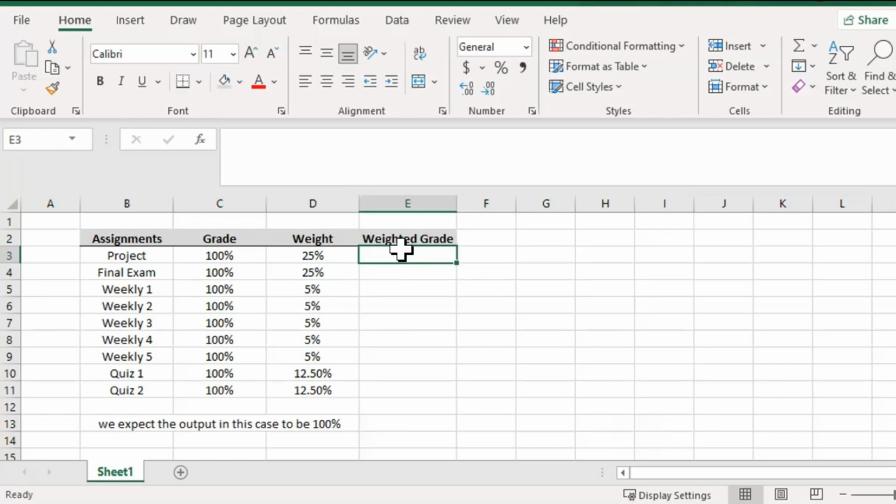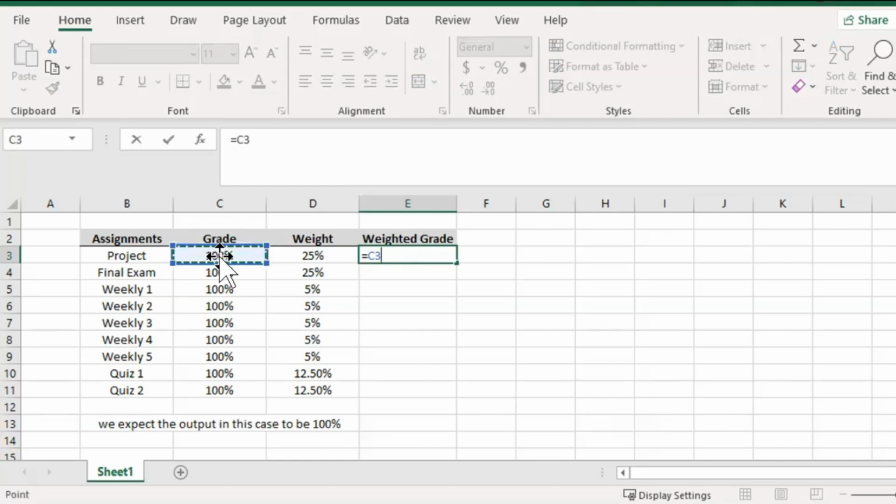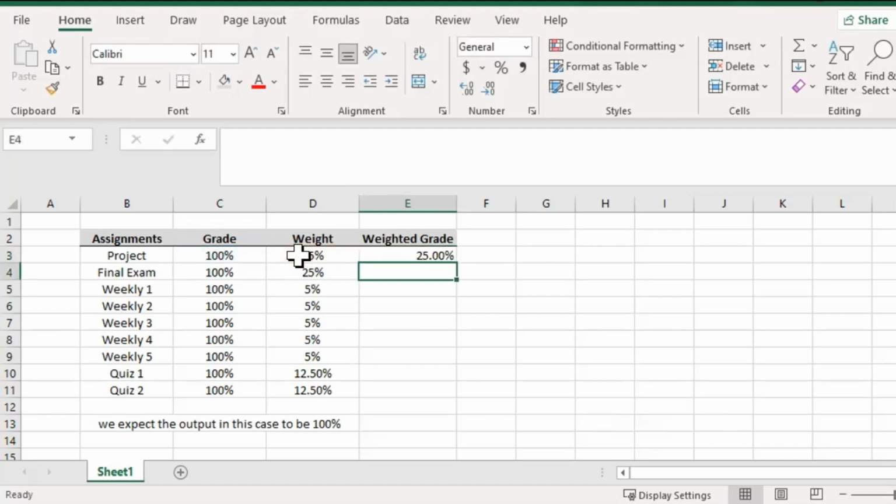Okay. And so that means that I'm going to take my grade and I'm going to multiply it by my weight, and then I'm going to press enter. And so for this project assignment, my weighted grade is 100% of the 25% weight, and therefore my weighted grade is 25%.